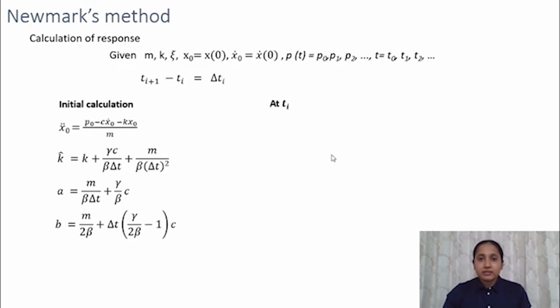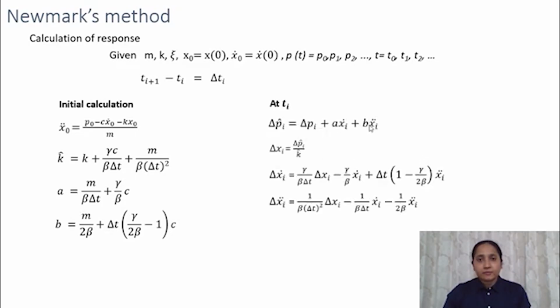Now, at any instant t i, we can calculate the incremental force and the incremental displacement, velocity and acceleration. After calculating these incremental values, we can calculate the values of these quantities at the i plus 1 instant as the sum of the values at the i th instant plus the incremental values.